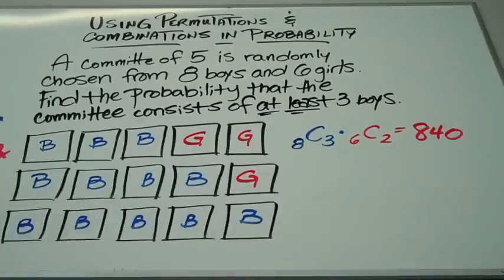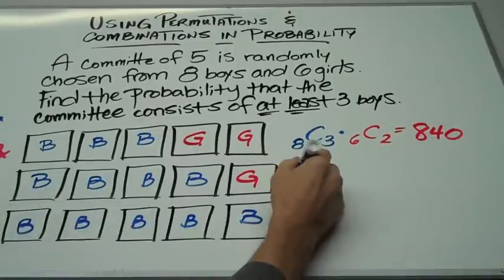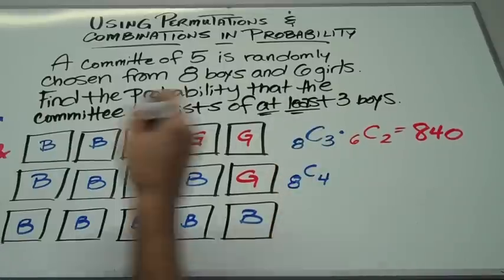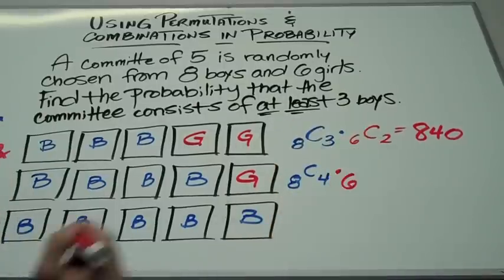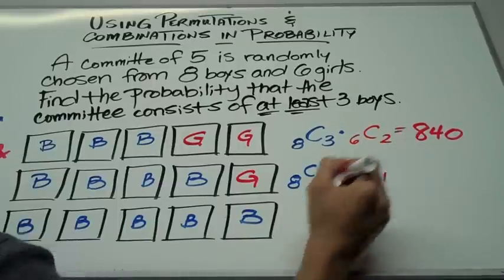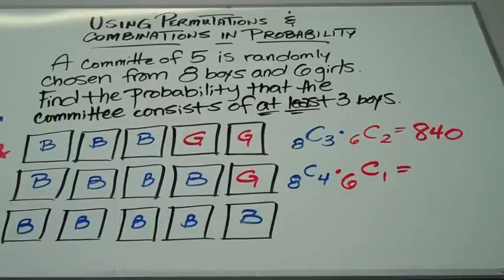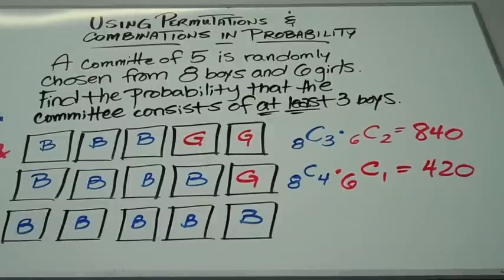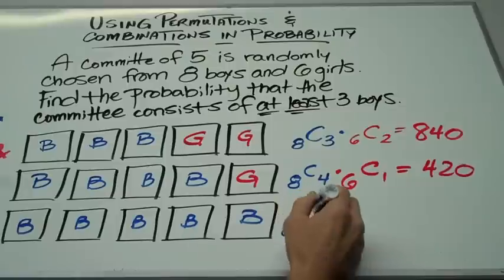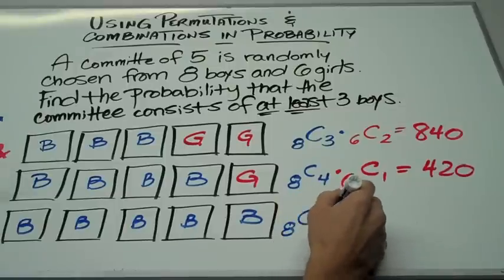In this situation, I've got 4 boys, so I'm going to have 8C4, and I'm going to multiply that by 6 to choose from, and we're only going to select 1. This gives us a subtotal of 420. And finally, it's 8 boys to choose from, and we're going to select 5.